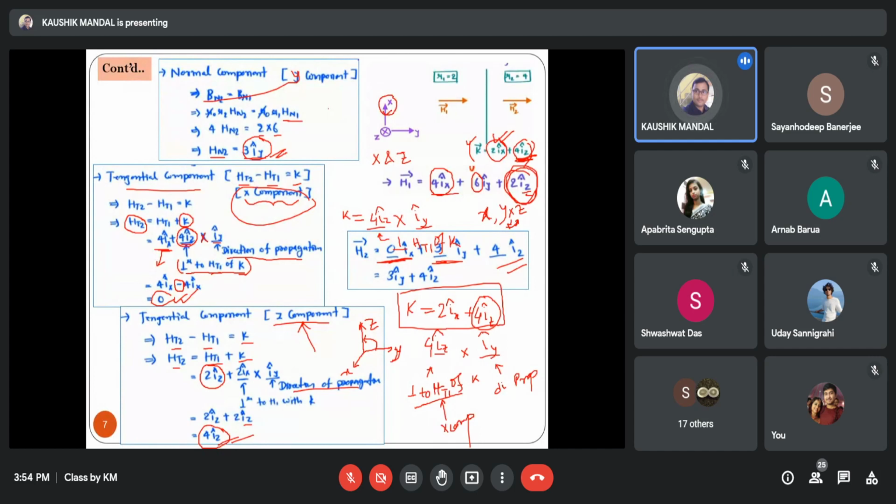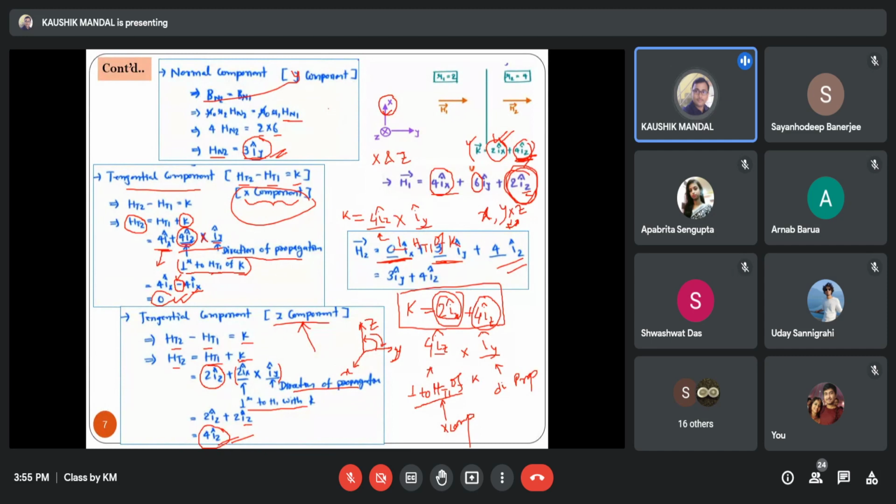Similarly, in the second case, K equals the cross product between two parameters. The first is the perpendicular to HT1 with K. In the second part, we are trying to find the z component. The perpendicular of this z component is nothing but the x component of K, which is 2ix.